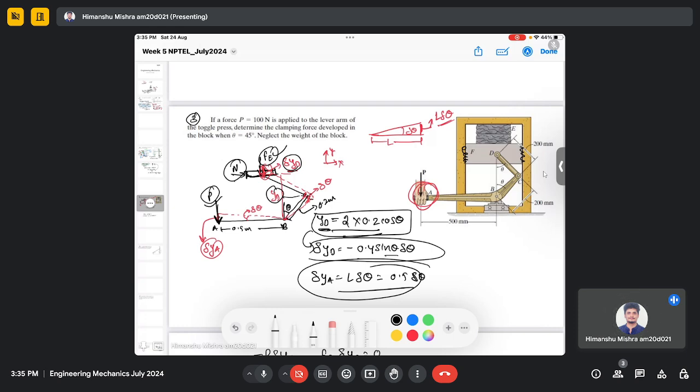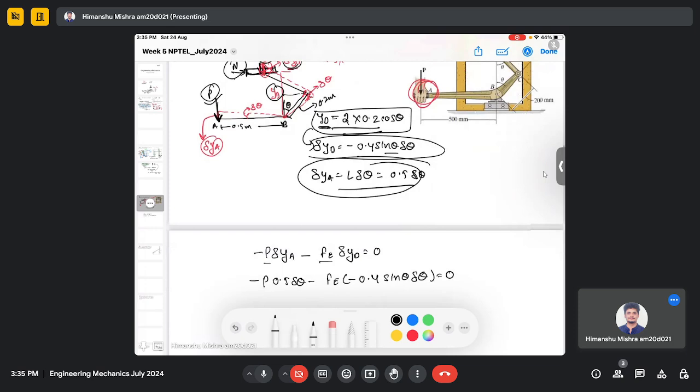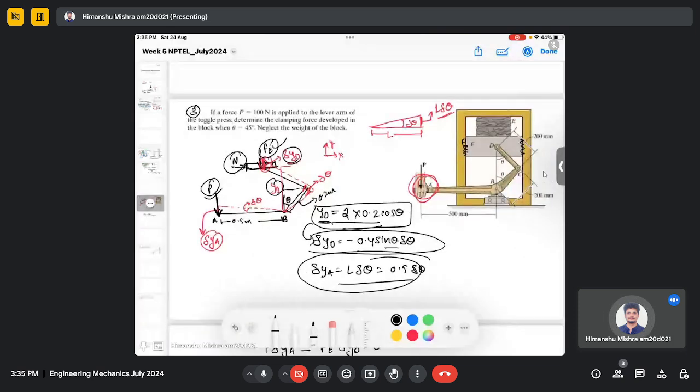So just to recap, here the burden is on the forces P and Fe, because they are creating the virtual displacement. So these are the active forces, and therefore these are responsible for the virtual work done. When you use the equilibrium method, you need to identify all the forces, right?